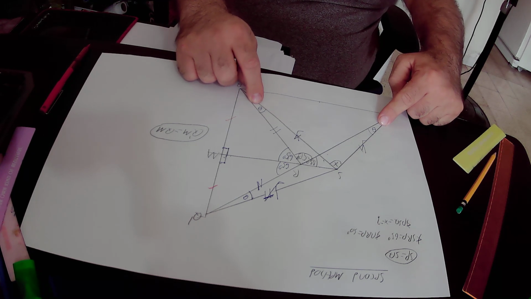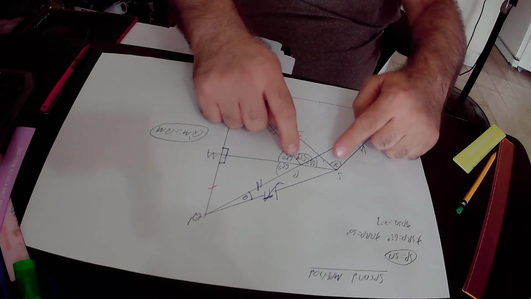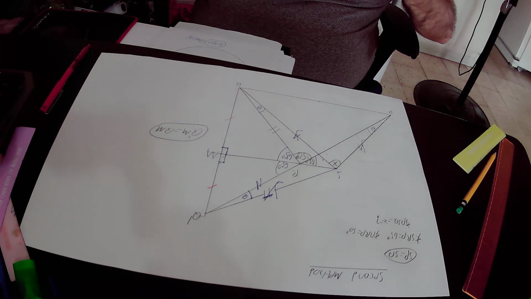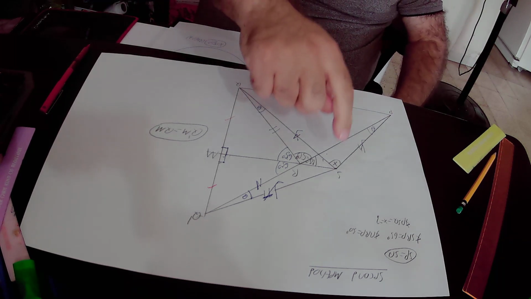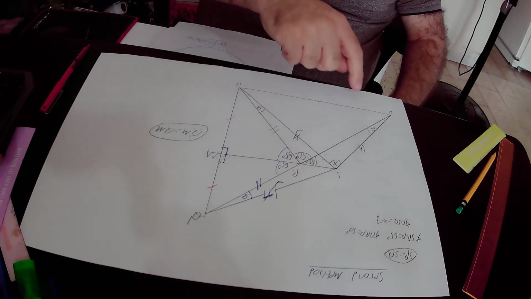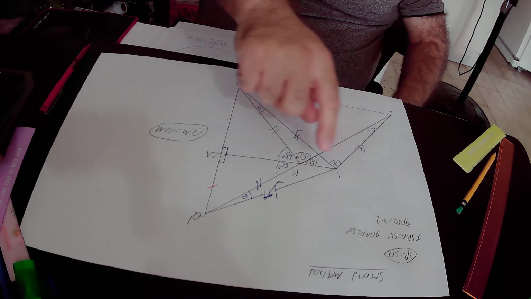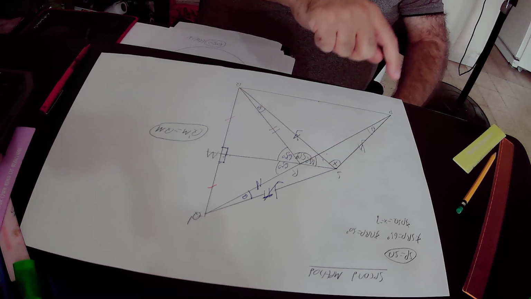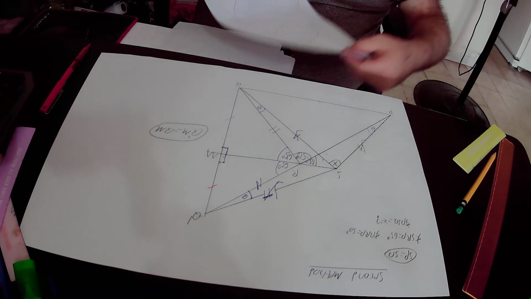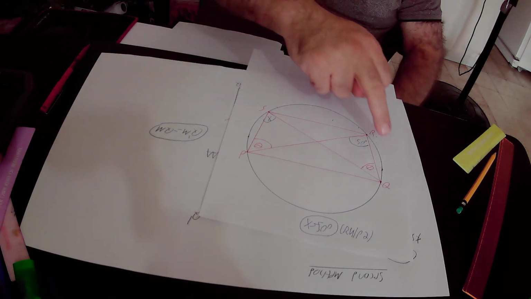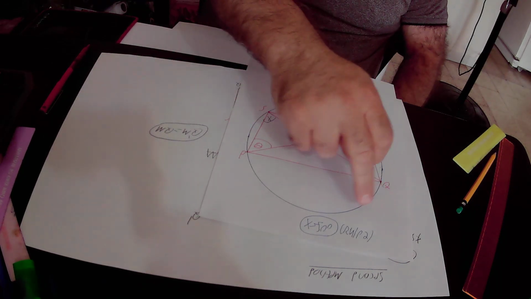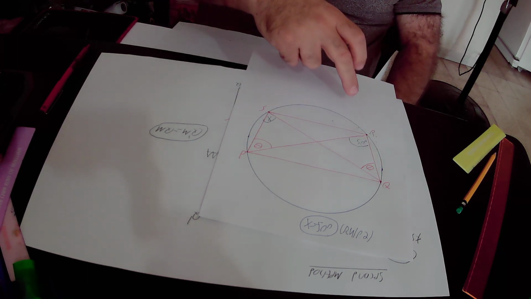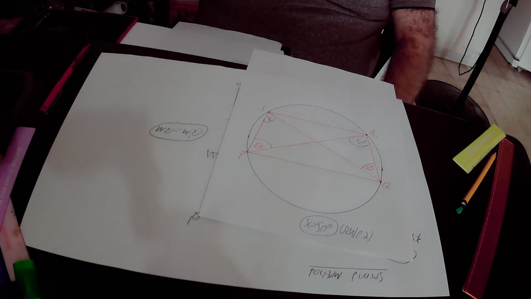They're both equal to theta and they subtend the same line segment SR. Therefore, according to rule number 1, the quadrilateral SRQP is inscribed in a circle, and the four points S, R, Q, P lie on that circle, as you can see from the drawing.